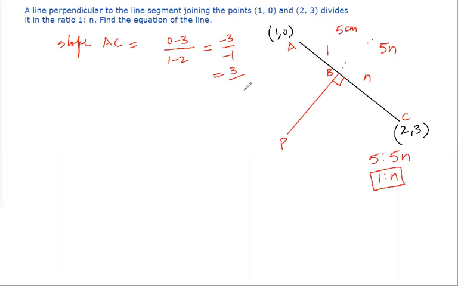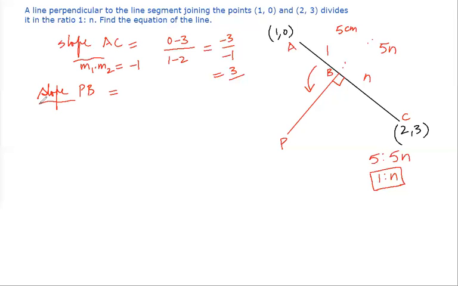Am I right, students? So straight away, since these two lines are perpendicular, what will be the slope of PB? Anybody can tell me? Use that m1 into m2, if two lines are perpendicular, is equal to minus 1. Correct.